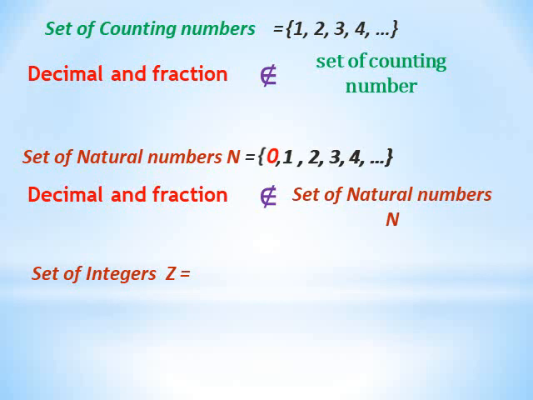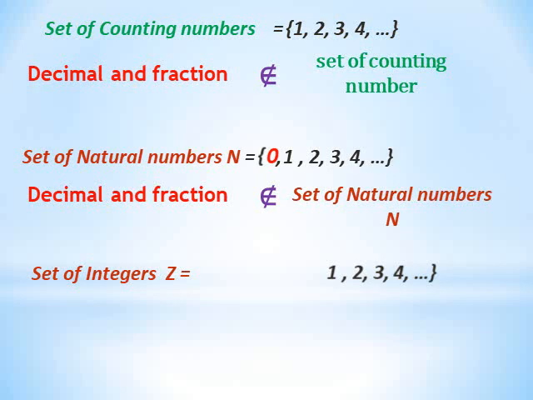So I will take the natural numbers here and add negative numbers to it. So I will add -1, -2, -3, and so on. So the integer numbers are the natural numbers, just I add negative numbers to them. So every time I add numbers, the set becomes big.